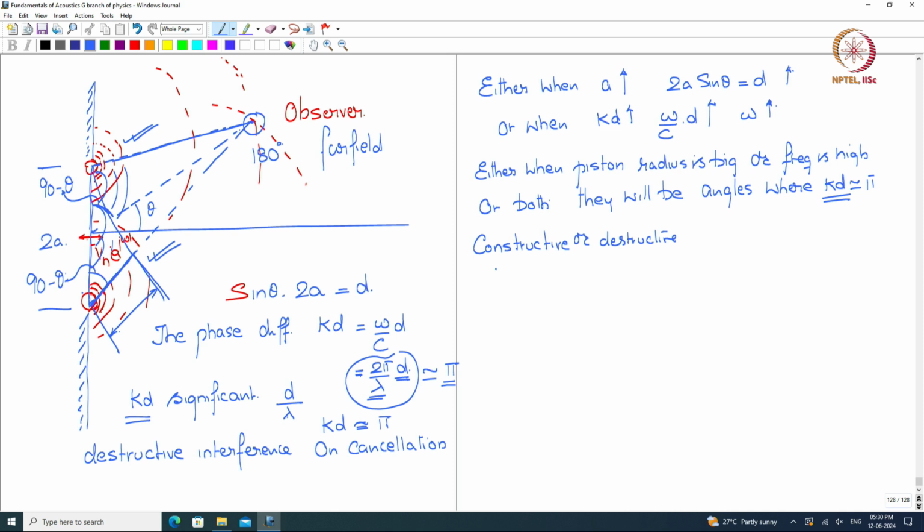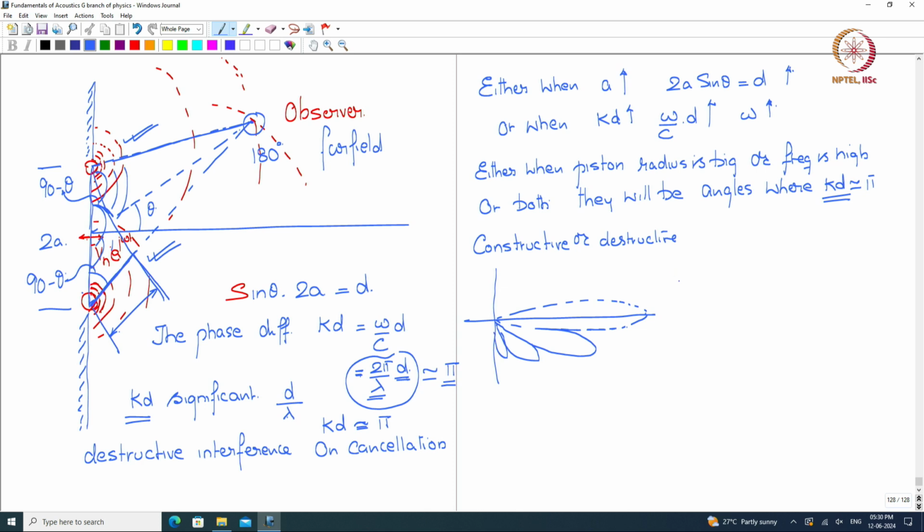And so because of symmetry, on the axis you will always have a peak, and slowly away from the main axis you will get a dip, a zero, and then another peak and a dip, and another peak and a dip, and so forth.